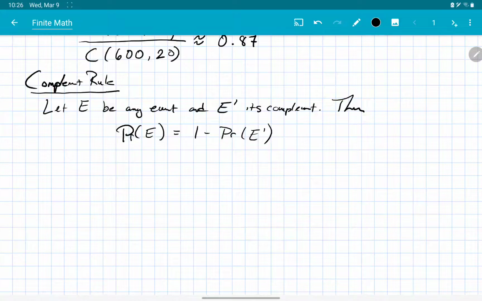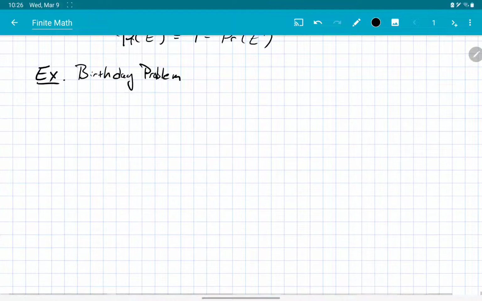And so the example for this, a very special example which maybe you've heard of, is the birthday party problem, or the birthday problem. Has anyone seen this before, the birthday problem? No? Okay.